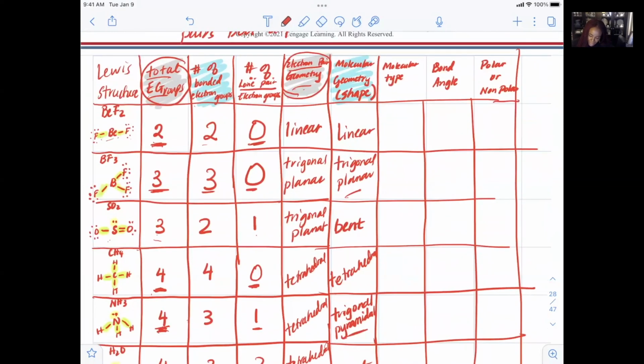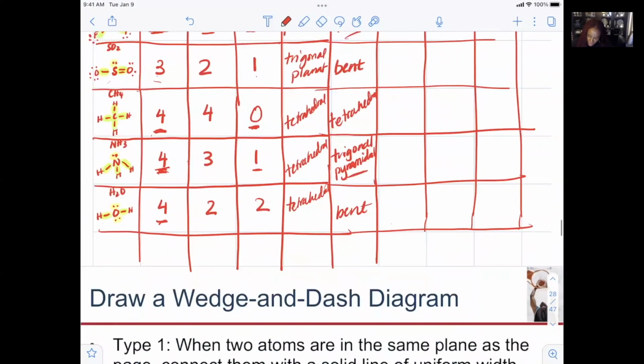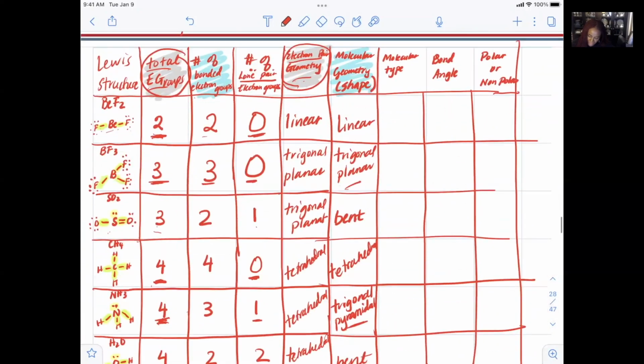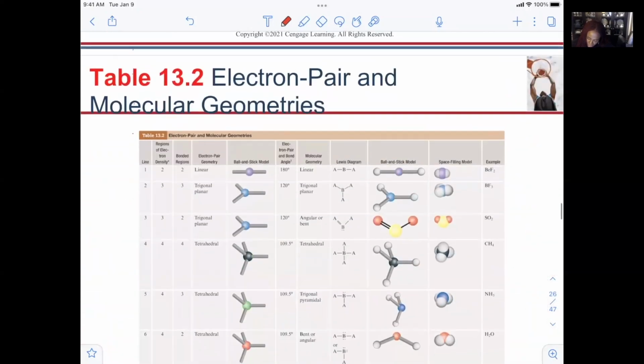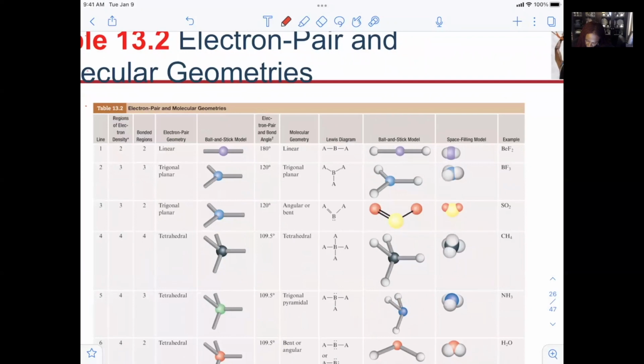Now we're looking at the molecular type. Okay, so the molecular type is really not that bad, but people mess this thing up. Now I think in your lab, the letters they use are ABL. I'm going to stick with the one that's in the PowerPoint.